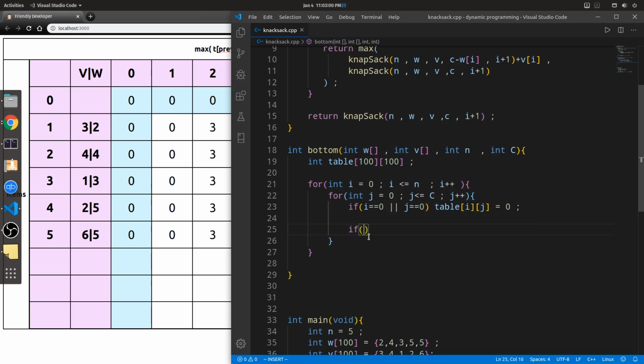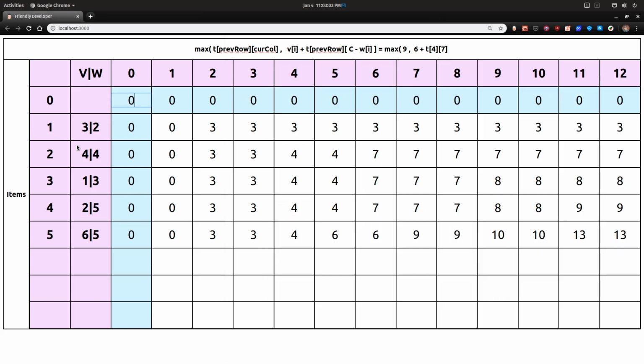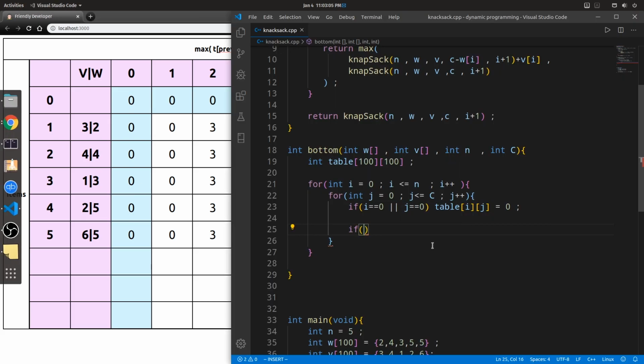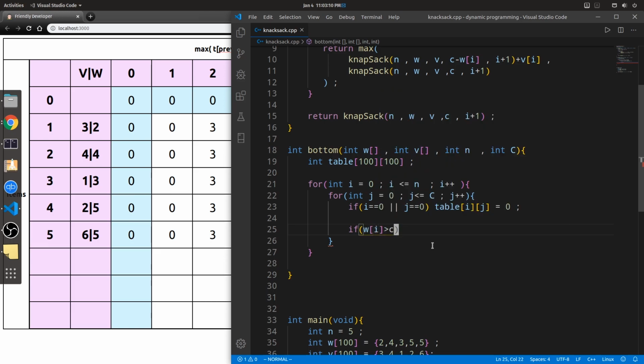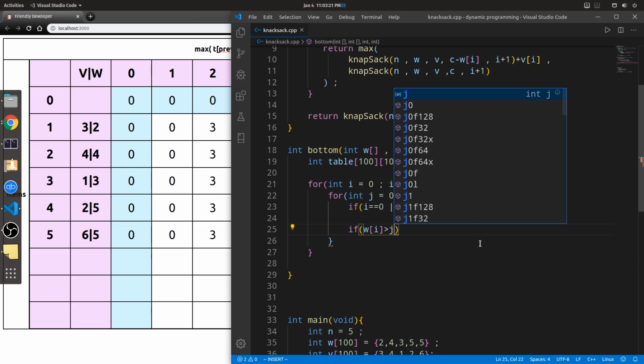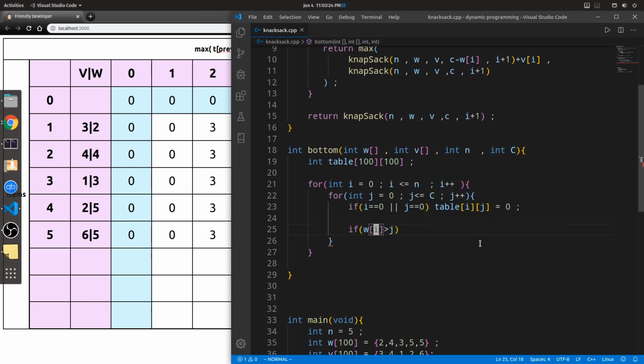In all the other cases, we'll just check 2 more cases. One case is that the weight of the current item we are looking at is greater than the remaining capacity of the bag. The capacity is represented by this variable j, and if the weight of the current item i is greater than the current capacity j, then the only choice we have is to exclude the item.